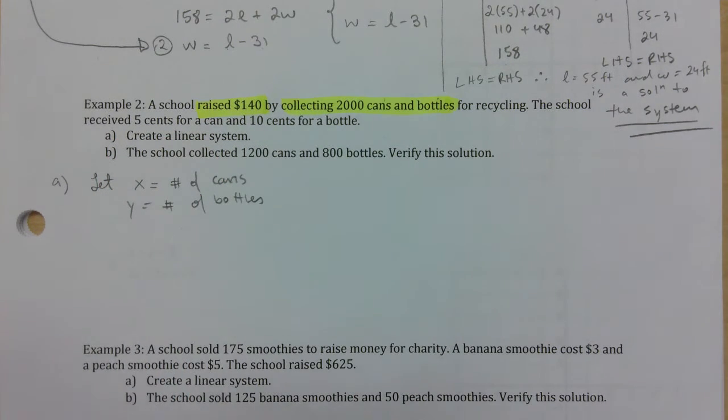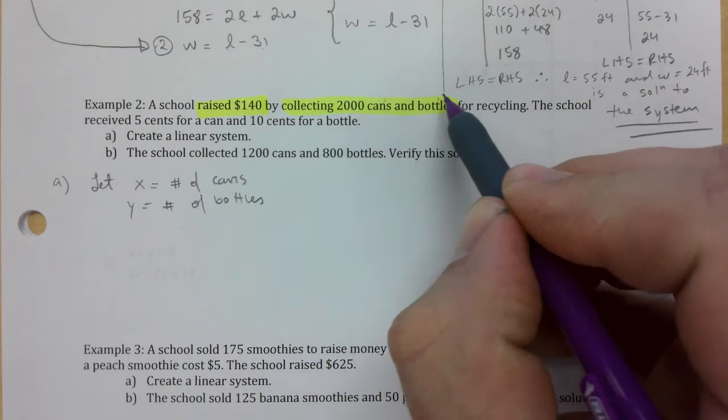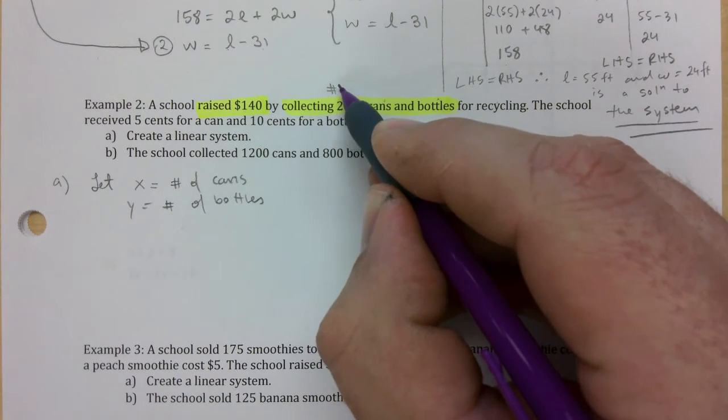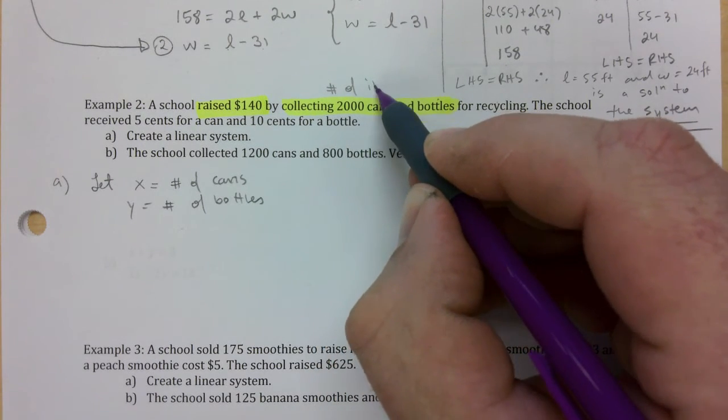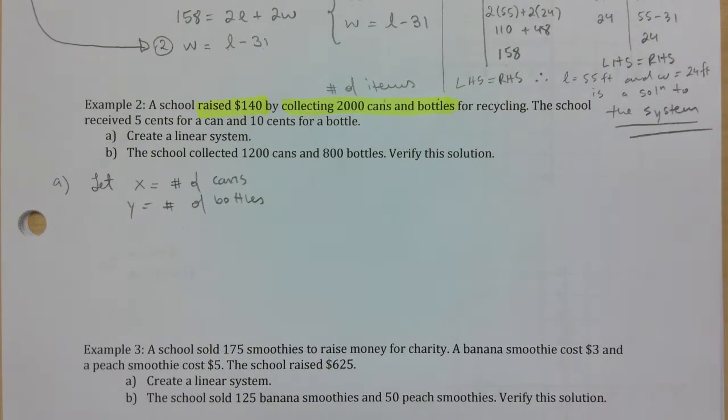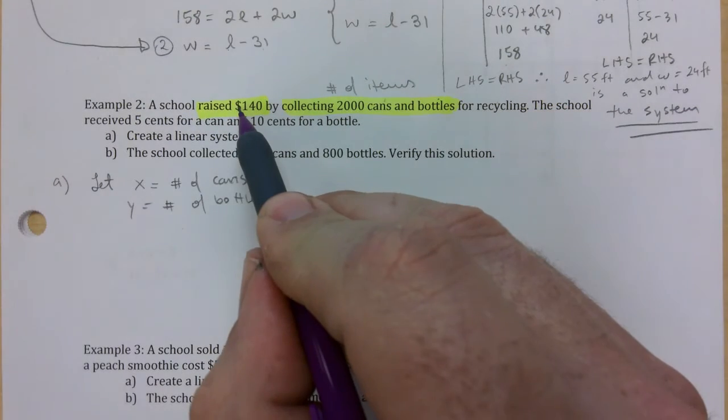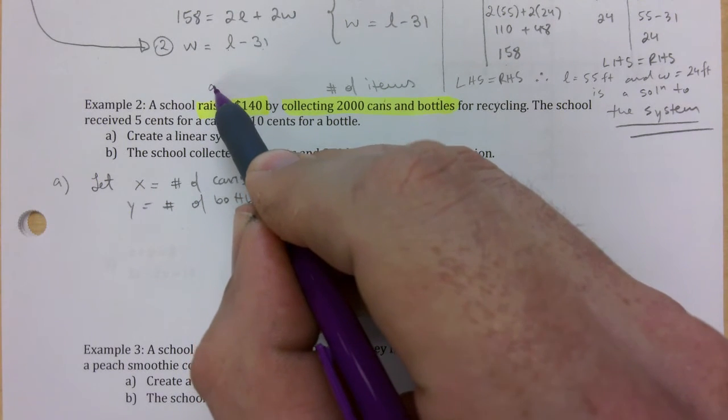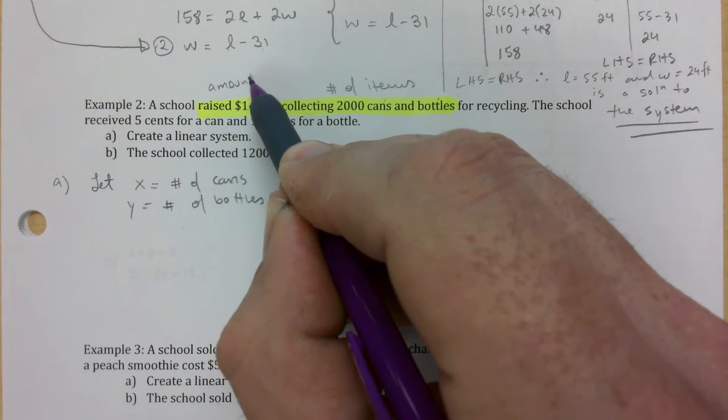So how would you come up with your equations here? Well, this one deals with the number of items, like how many items do you have in total? And this one deals with the amount raised.